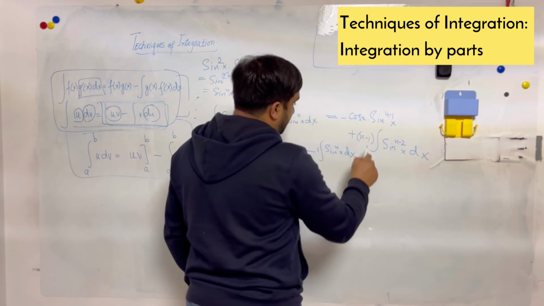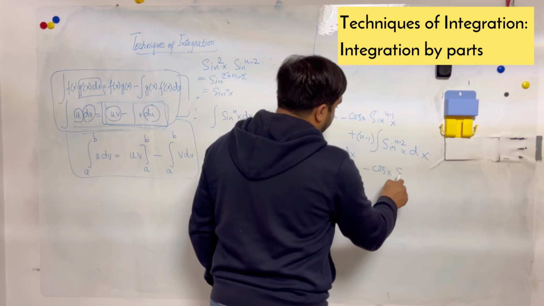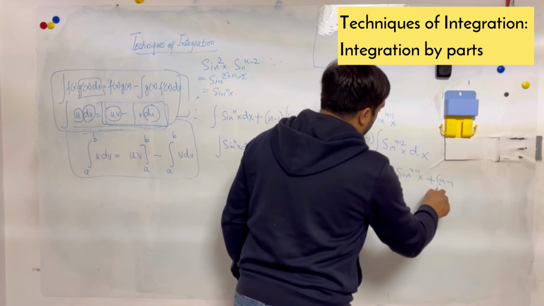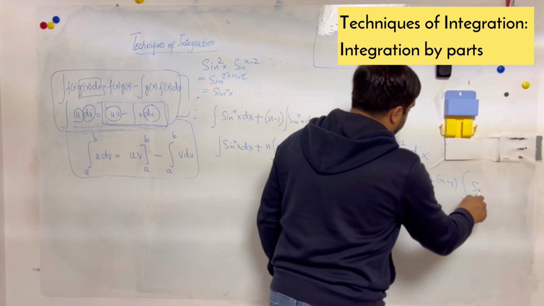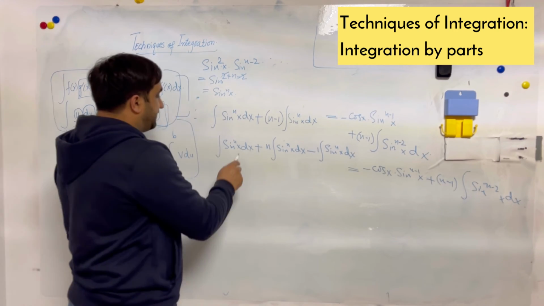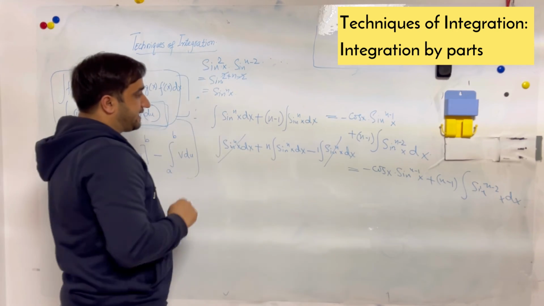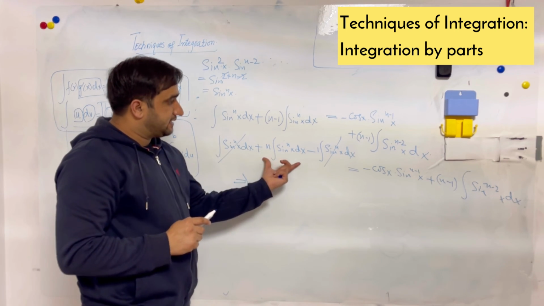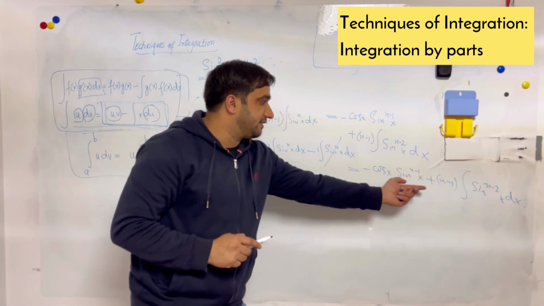On the right we have minus cos x sine n minus 1 x plus n minus 1 integral sine n minus 2 x dx. These two cancelled, so it becomes n into this on the left and this on the right.